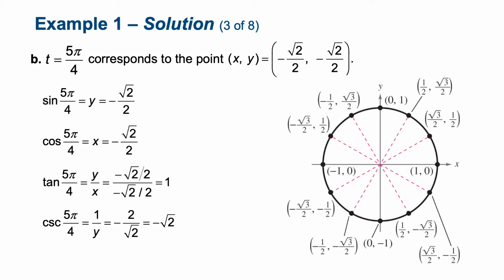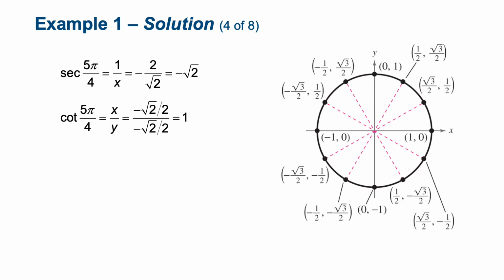So x is negative root 2 over 2, and y is negative root 2 over 2. Since you know sine is y, there it is, cosine is x, there it is. Tangent is the ratio of the two, but they're equal, so that's just 1. Cosecant is the reciprocal of sine, so that's negative root 2, and the secant will be the same thing. And then cotangent, the reciprocal of 1, is just 1.